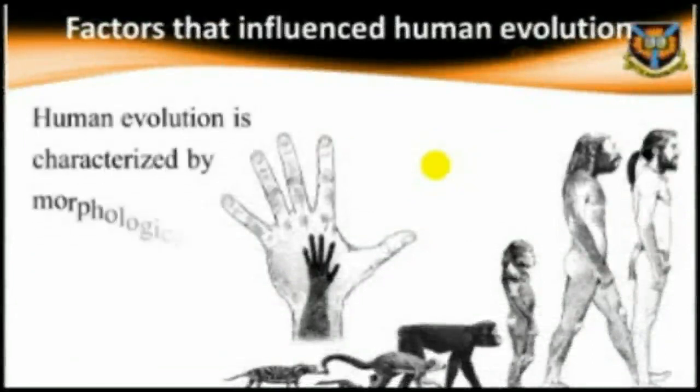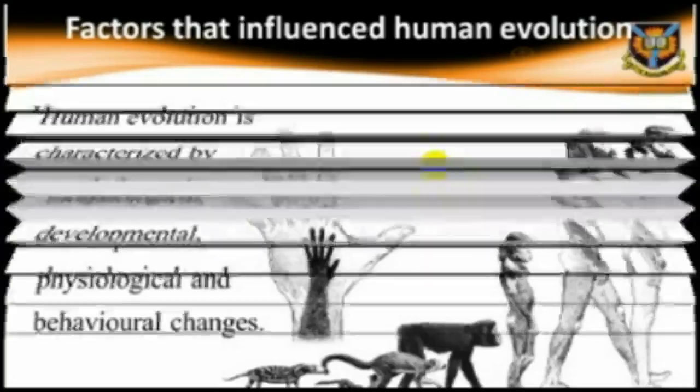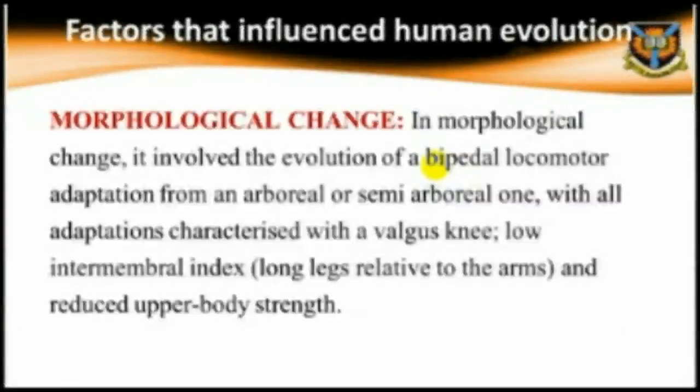Human evolution is characterized by morphological, developmental, physiological, and behavioral changes. Morphological changes involve the evolution of a bipedal locomotor adaptation from an arboreal or semi-arboreal one, with adaptation characterized by a valgus knee, low intermembral index, that is, long legs relative to the arms, and reduced upper body strength.